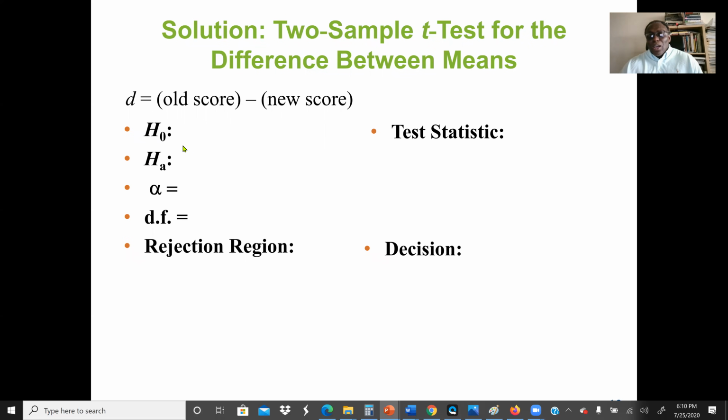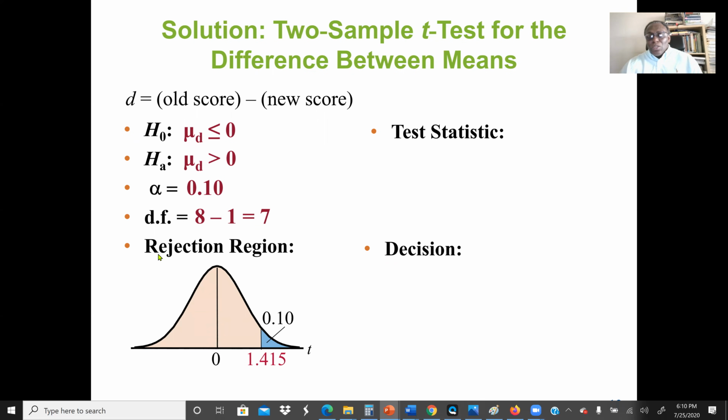Here we state our H0. Remember the claim. So mu D should be less than or equal to 0, because the claim is that mu D will be higher when the scores are lower. Now the alpha is given already. The degree of freedom is 8 minus 1, which is 7.